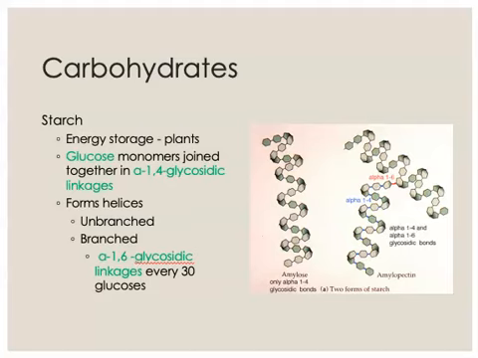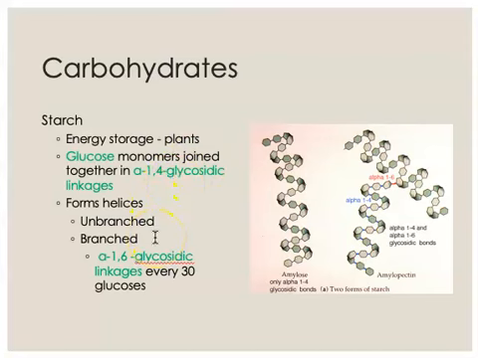Like we saw in glycogen, the strands of glucose are going to form helices. But we see something slightly different in starch, and that is sometimes there'll be helices that are unbranched. That's what they're showing us right here. And in other forms, the helices will have branches coming off of them.